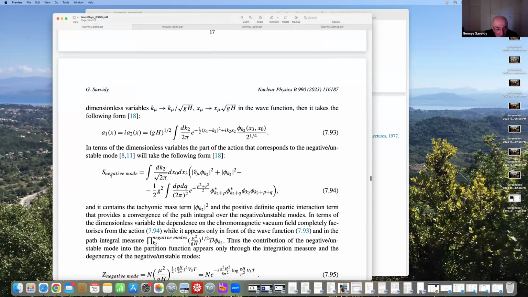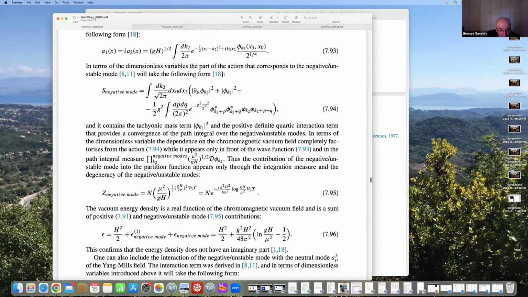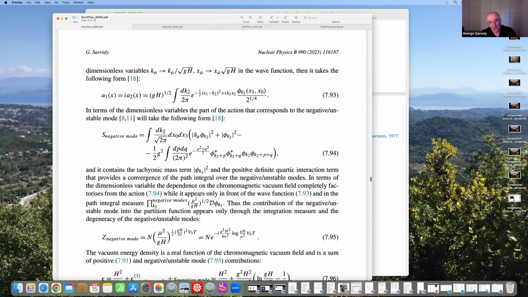The action does not depend anymore on fields. Therefore, here also you have 1 over g squared in the power of g squared, which gives you the h squared logarithm h. They call it a hidden Higgs mechanism.